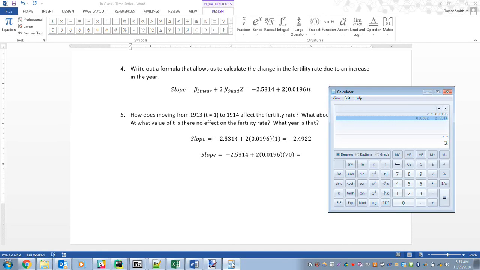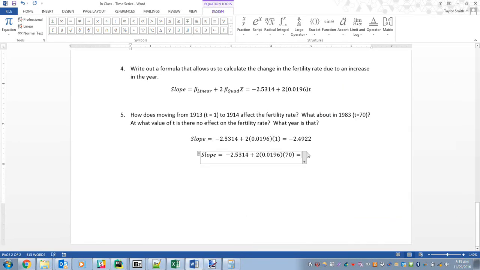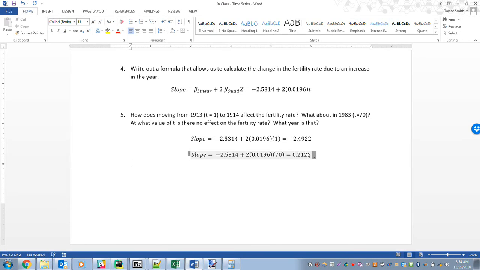So 2 times 0.0196 times 70 is 2.74 minus 2.5314. We get 0.2126. Okay, awesome.